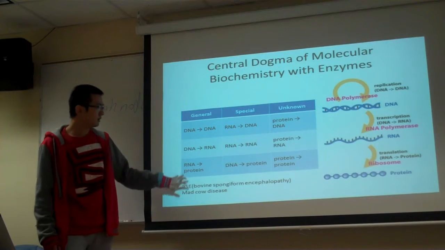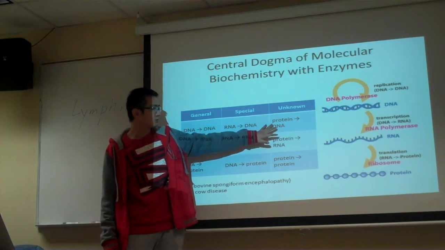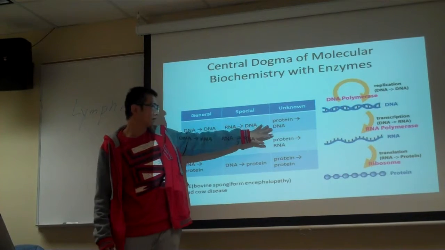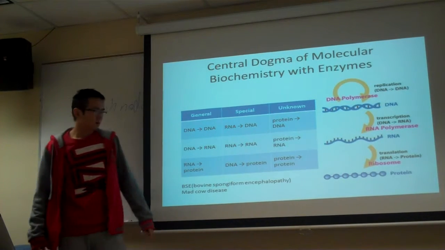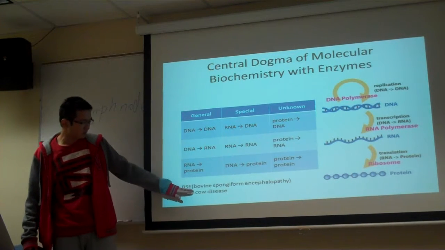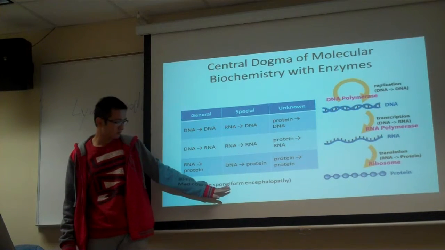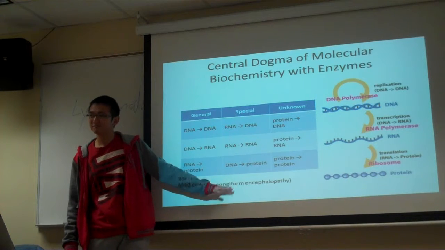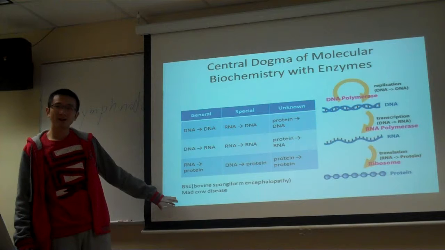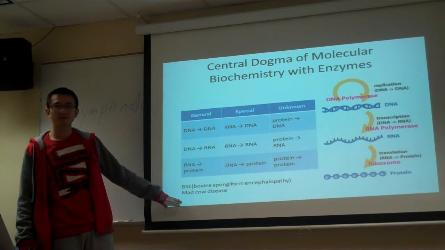There's another special path. It says unknown, but we already know. I think it is protein to DNA. I don't know if you know BSE, bovine spongiform encephalopathy, mad cow disease. Do you know that?